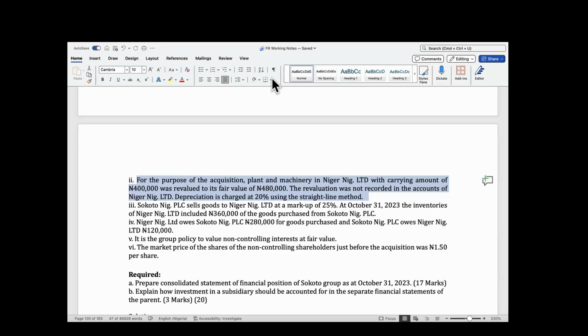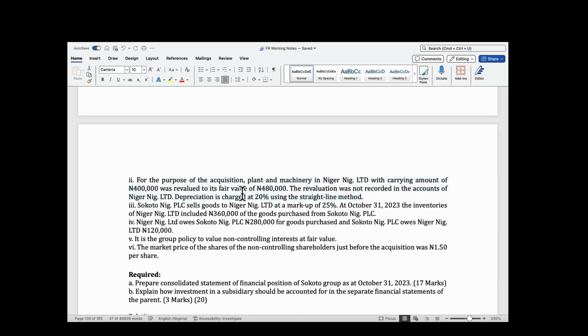So we will go and lessen our plant and machinery by that 64,000, and then the post acquisition retained earnings will also be reduced by it. That's perfectly correct. But that will be the retained earnings of who has the machinery? That's Niger. Niger Limited. Yeah, retained earnings of Niger. That's absolutely correct.